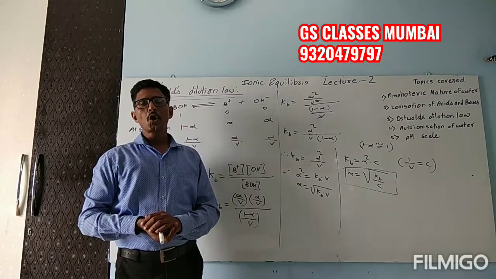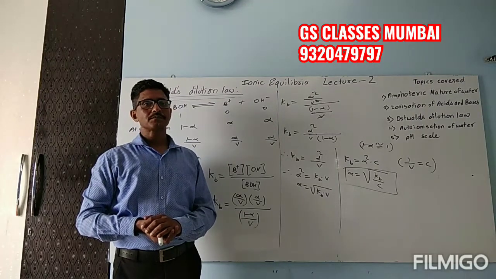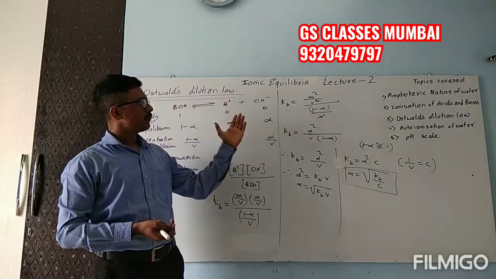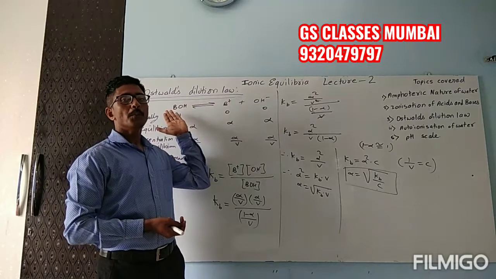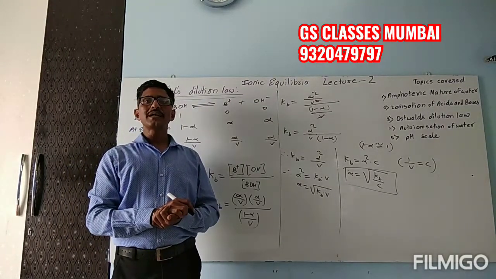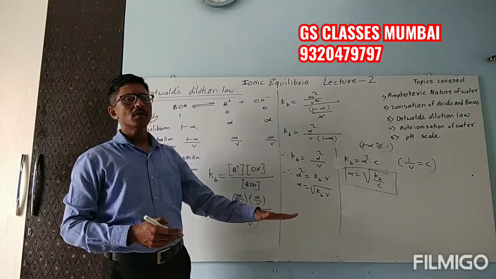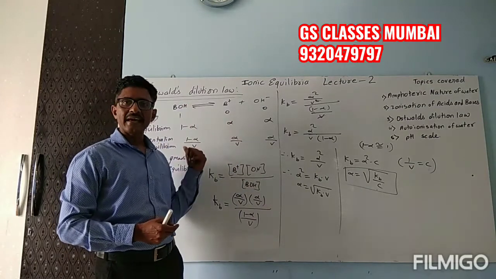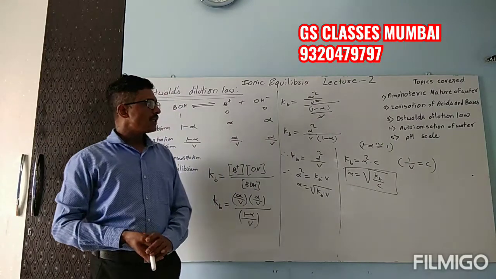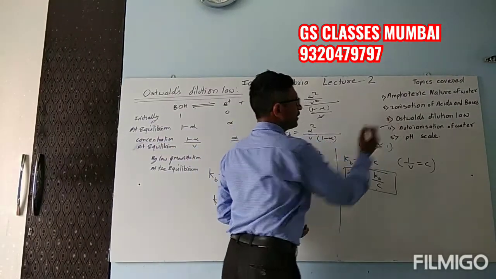They may ask you to explain Ostwald's dilution law with the help of a base or an acid. So as per the question, you have to answer, and the derivations are exactly the same. Only in case of acid you write Ka, and in case of base you write Kb.